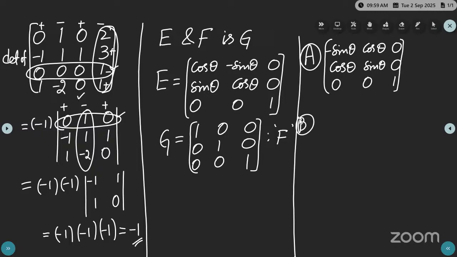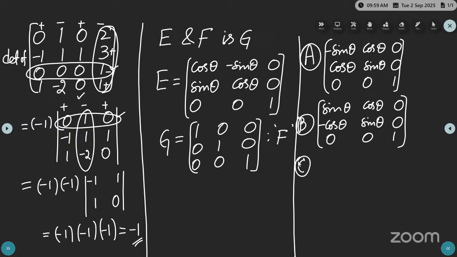Option B: sin theta, cos theta, 0, minus cos theta, sin theta, 0, 0, 0, 1.